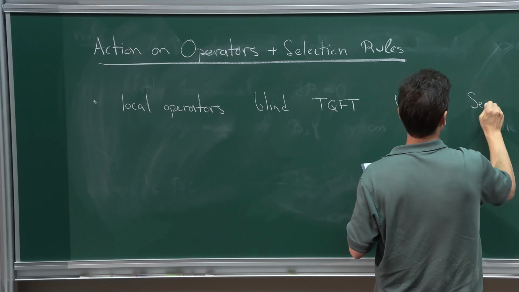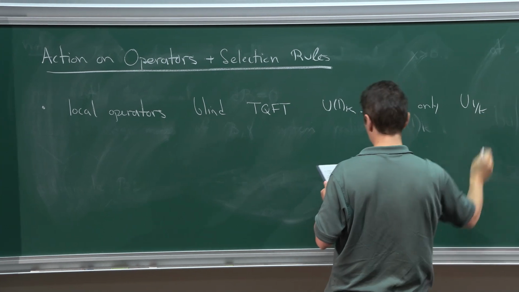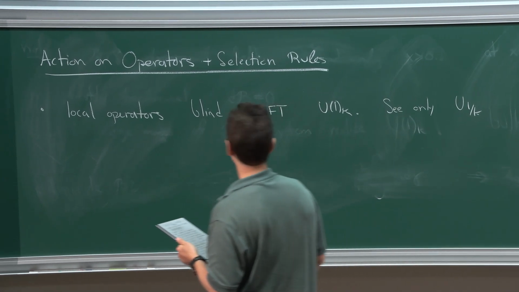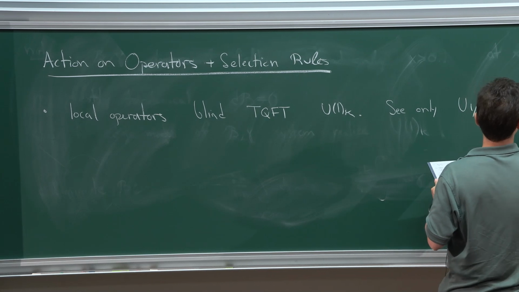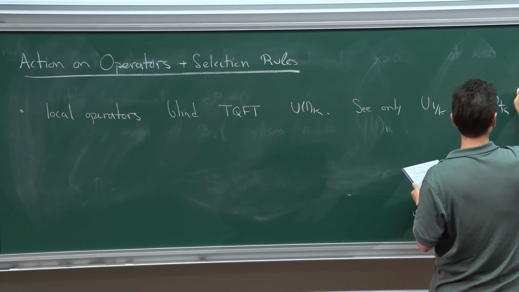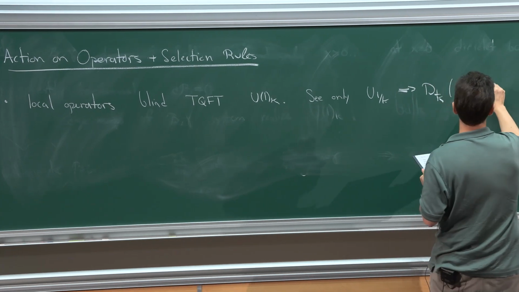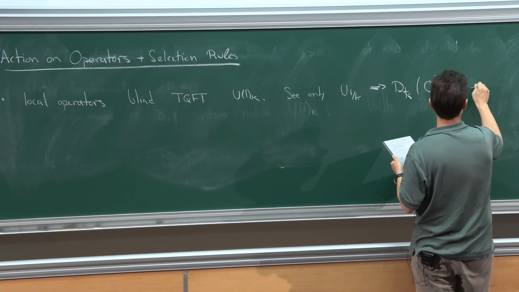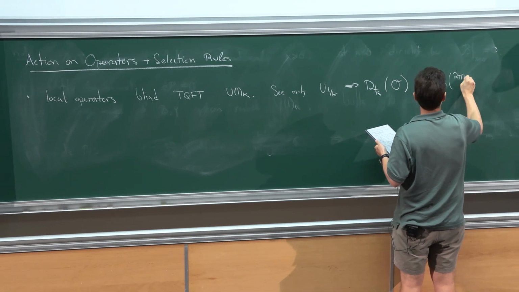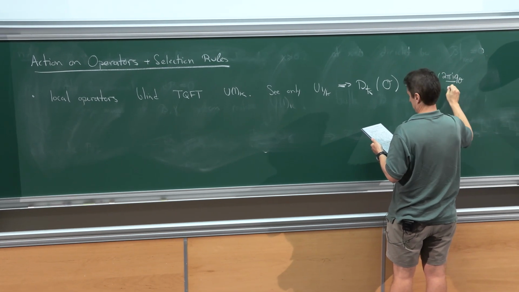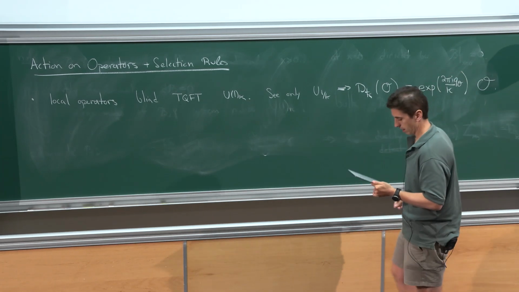So they see only this U1 over K. So in other words, D1 over K, when I think of it as acting on a local operator O, it just transforms it by the expected phase.